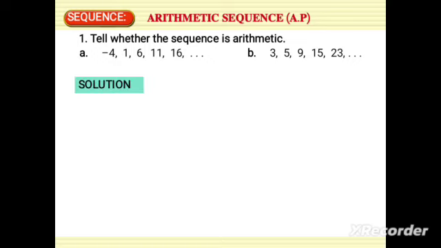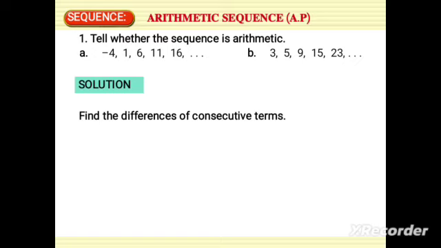Solution for part A: find the differences of the consecutive terms, because we need to get the difference. Remember, arithmetic progression is known by the common difference. So we are going to find the difference of each term.